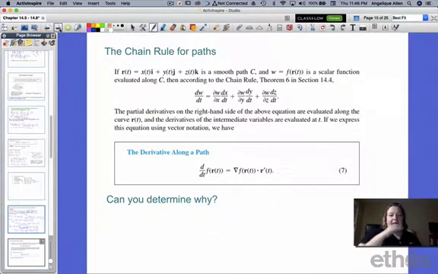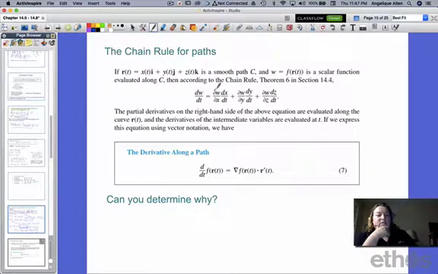So, don't have much more. We do have a chain rule for pathways. If we have a vector valued function and we want to take its derivative, and they're going to call this function, this vector valued function, w, if we want to take the derivative of that function, it involves the chain rule.